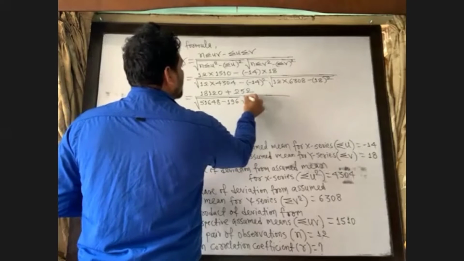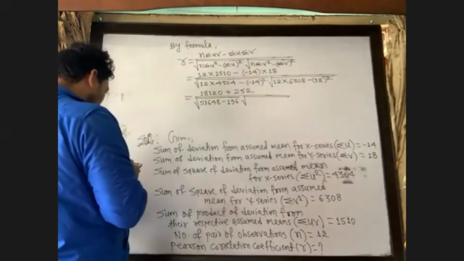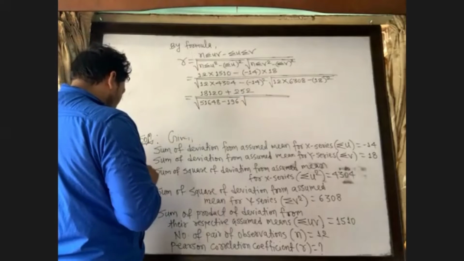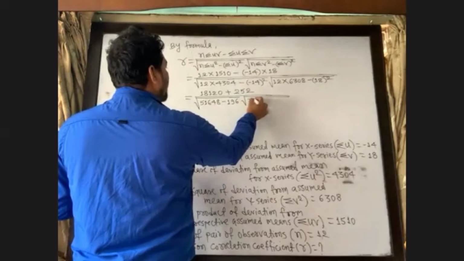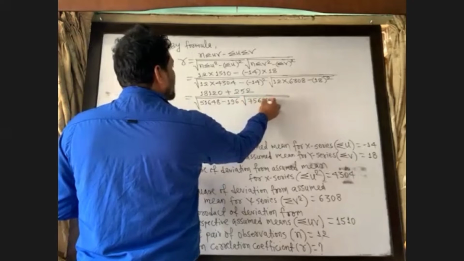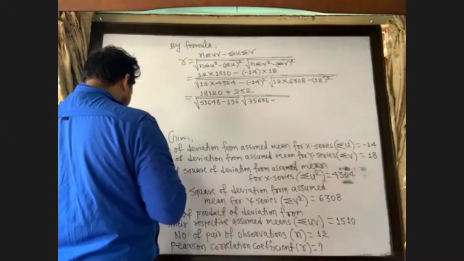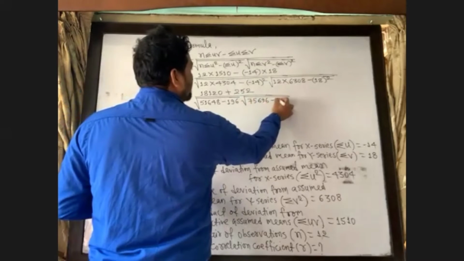Then another square root, 6,308 into 12 is 75,696, minus 18 square which is 324.